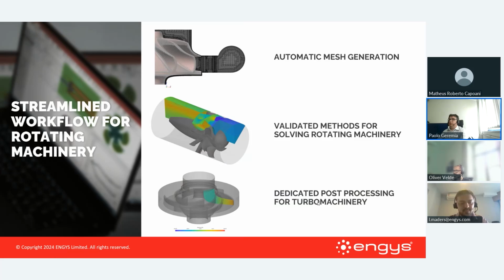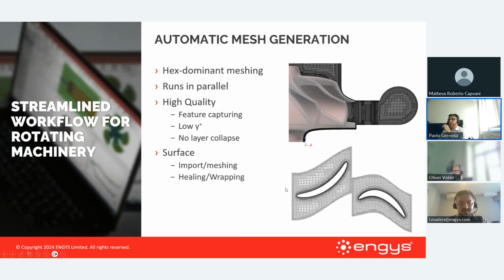In terms of rotating machinery, we have first an automatic mesh generation and a set of tools for setting up a case and solving the solution, and finally a dedicated set of post-processing tools. Starting from the mesh generation, our mesher is next generation meshing tool.